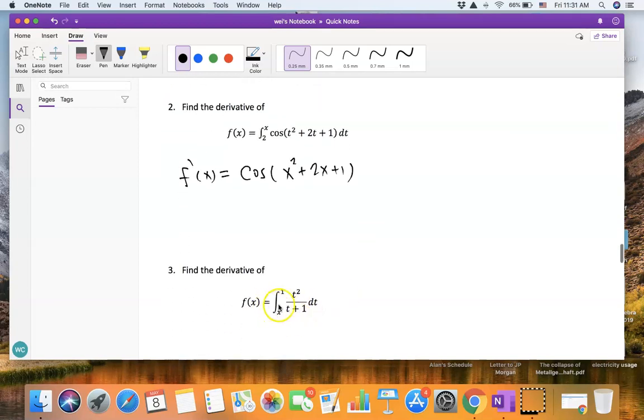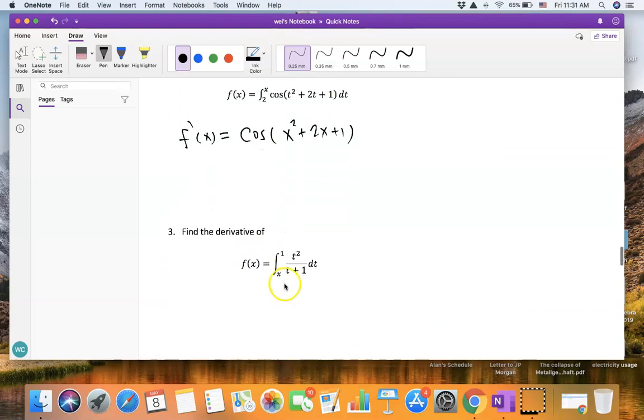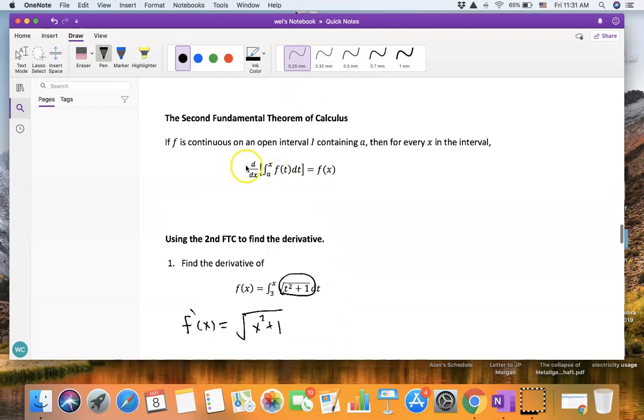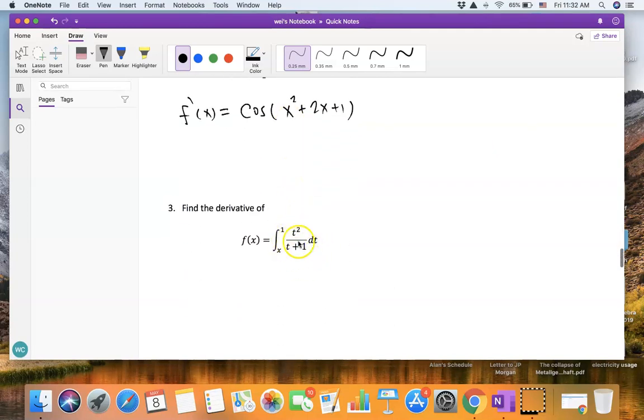Now for this one, we cannot use the result directly, because in this result, you see the lower bound is a constant, a number, and the upper bound is the variable x. However, here the lower bound is the variable and the upper bound is the number. So before we can use this result, we need to rewrite this integral a little bit.